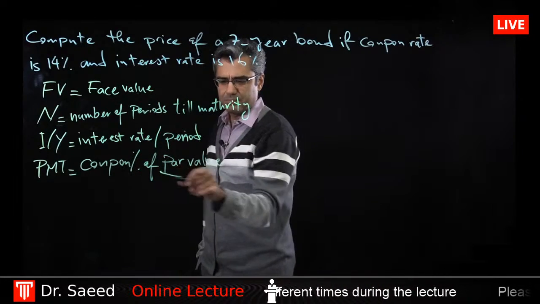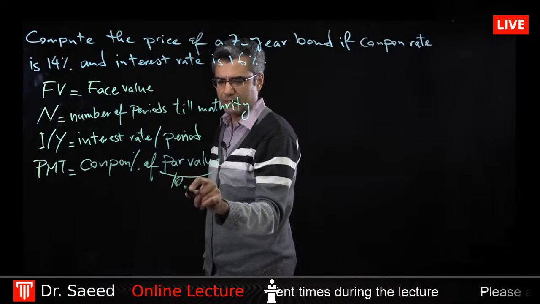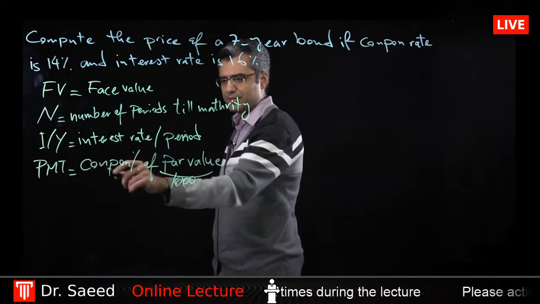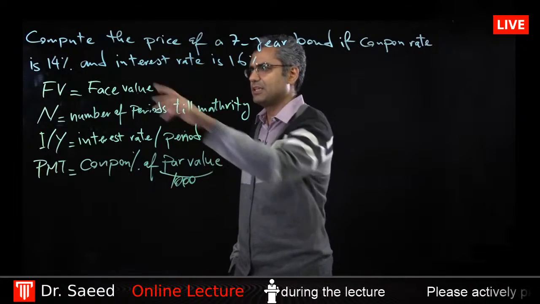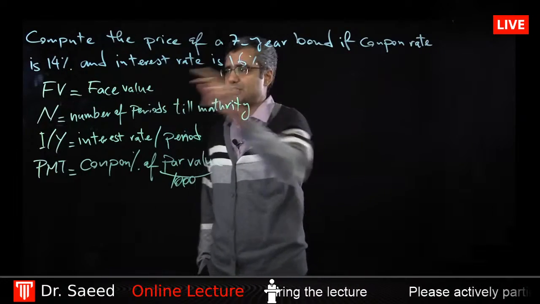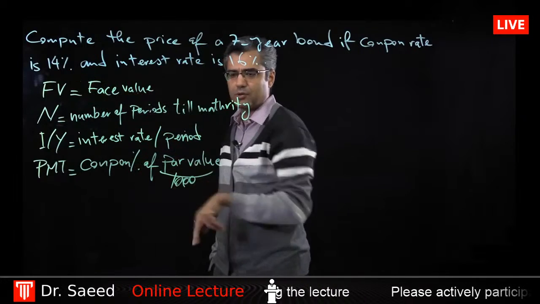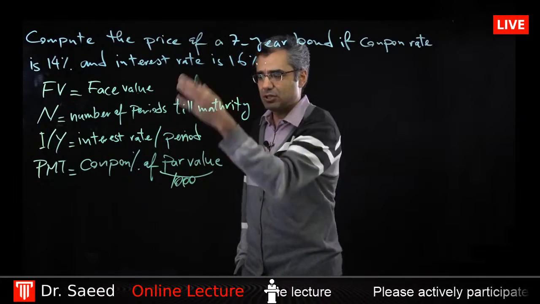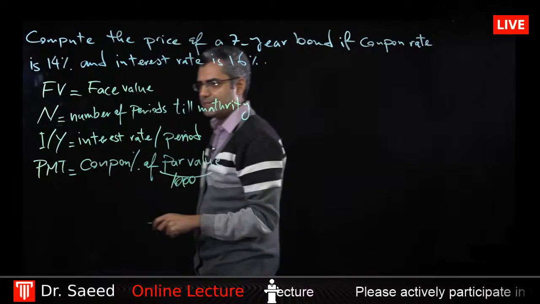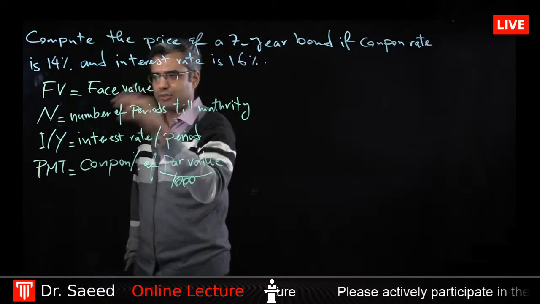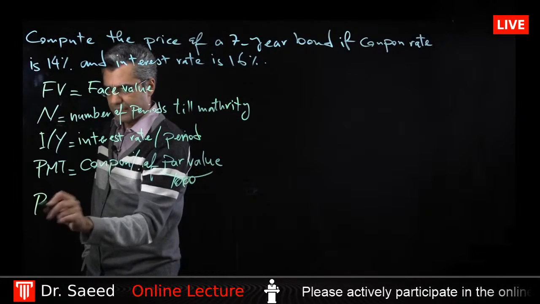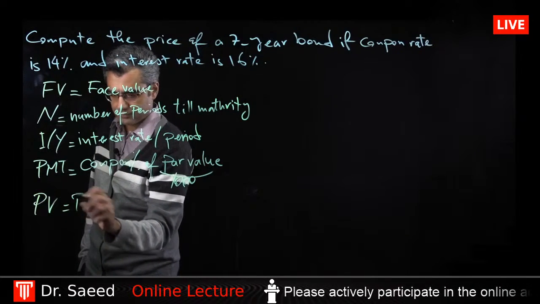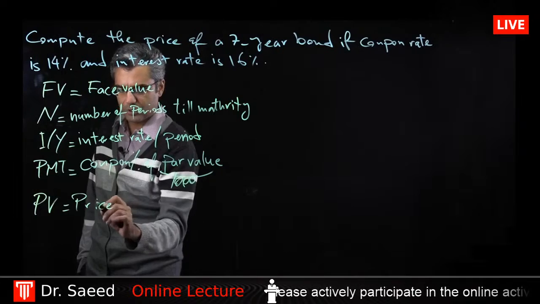Par value, as I said, usually in corporate bonds is $1,000. So it is a percentage of $1,000. For example, here the coupon rate is 14%, so 14% of the par value of $1,000 means 140. In this question, we have these four, and the fifth one is price, the price of the bond.